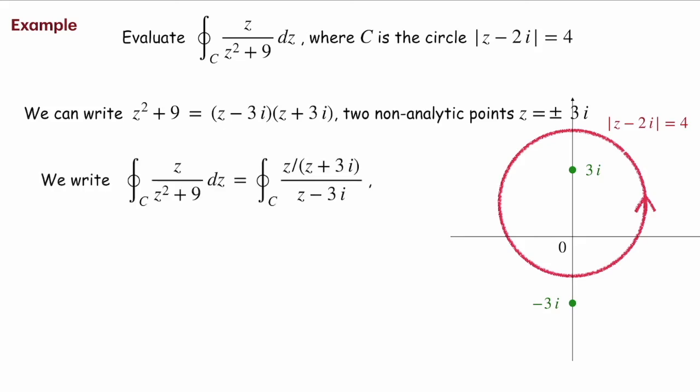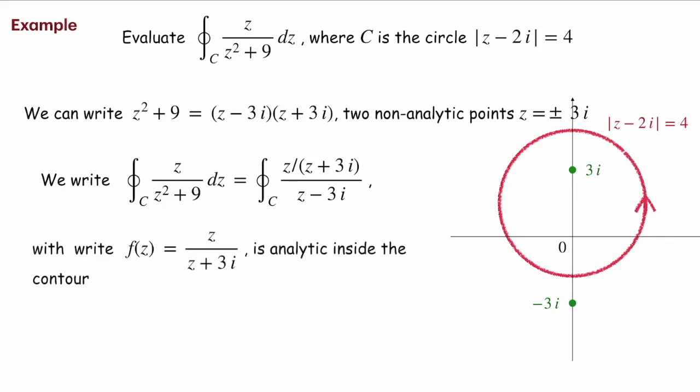Now we can write this integral over the contour C of z by z square plus 9 dz as the integral of z by z plus 3i, divided by z minus 3i. Now we use Cauchy's theorem around this circle and around z is equal to plus 3i.